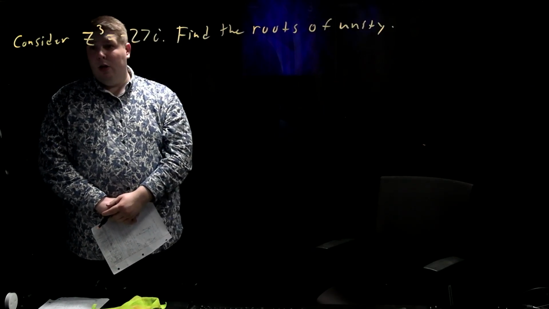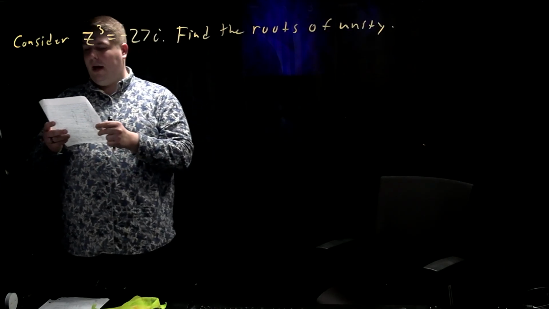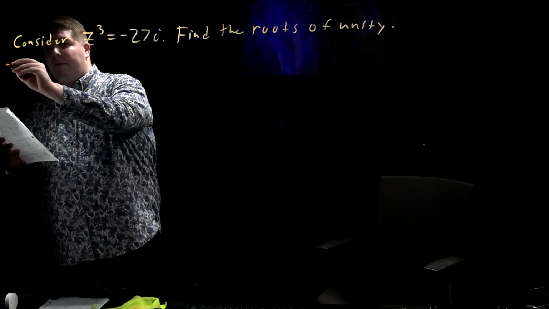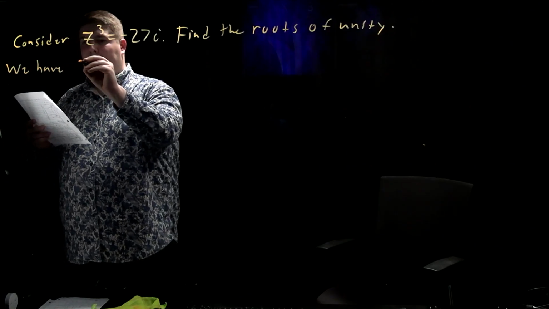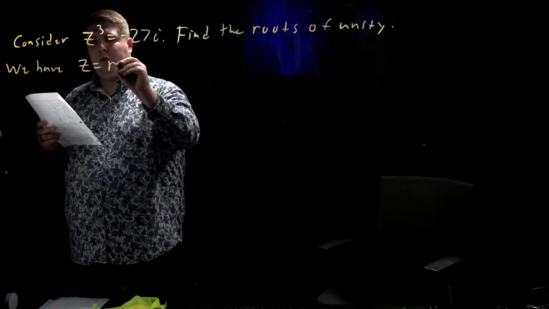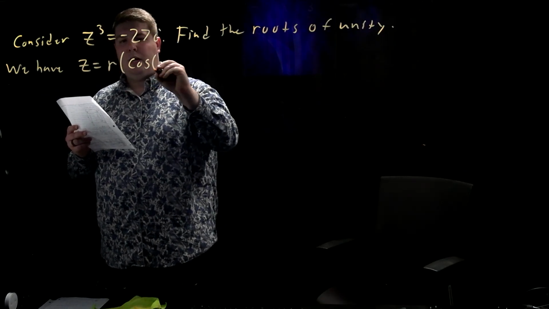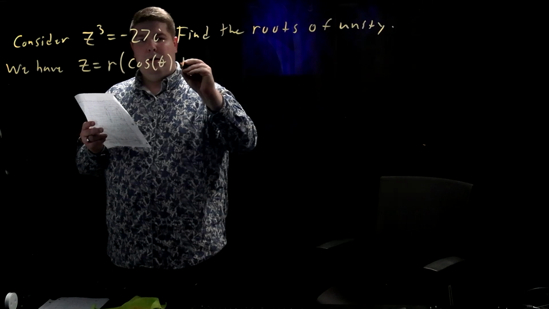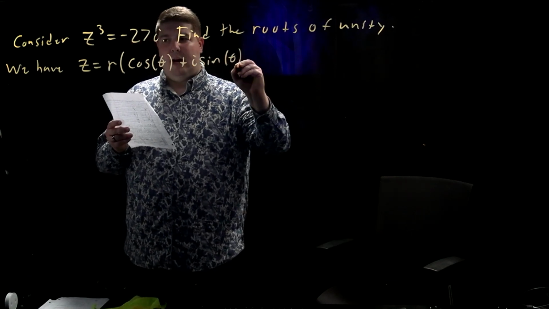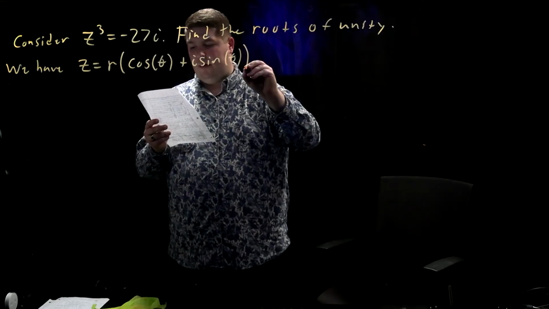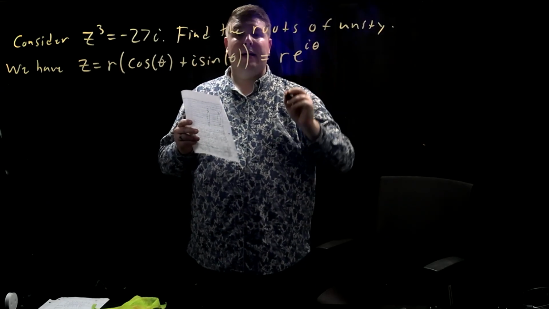How do we do that? Well, I'm going to show you the general process of how you do this. Okay. So we have that z is equal to r times cosine of theta plus i times sine of theta, which is equal to r times e to the i theta.